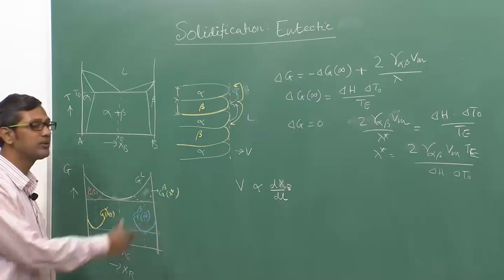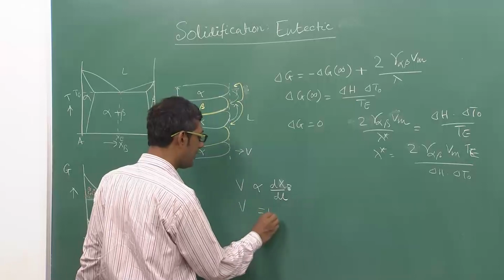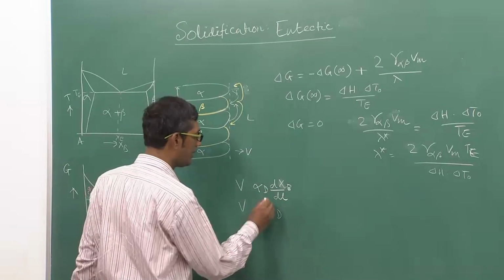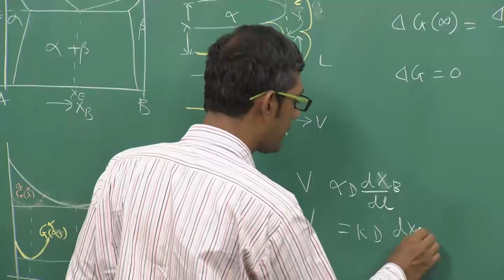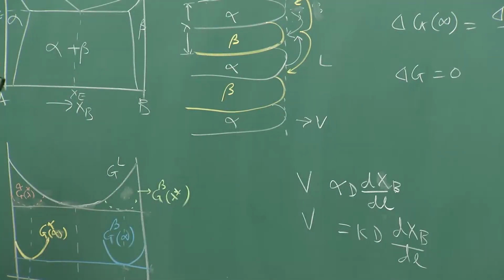So this tells you the compositional gradient. Therefore we can write V is basically a constant k proportional to diffusivity times dxB by dl, right. This must be written like this, correct.